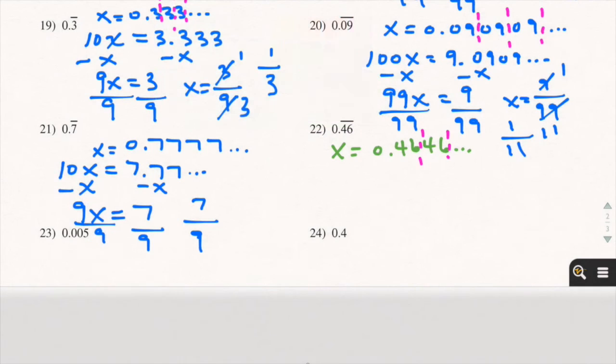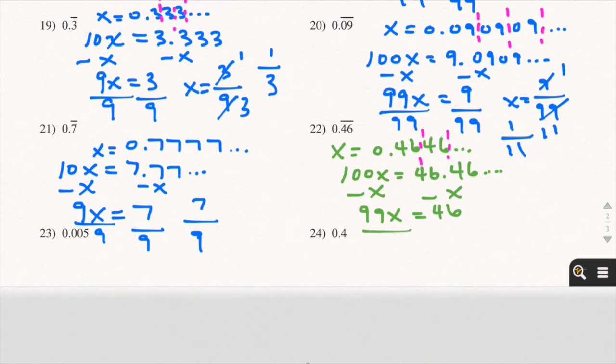So we get 100x equals 46.46 repeated. Subtract x from both sides. We get 99x on this side equals 46.46 minus x, which is 0.46. We end up getting 46. Divide both sides by 99. We get 46 over 99.